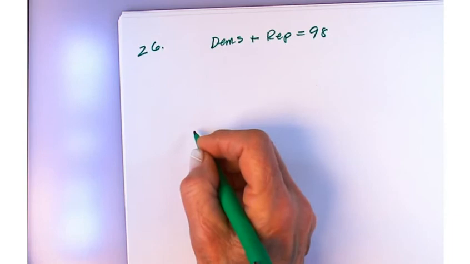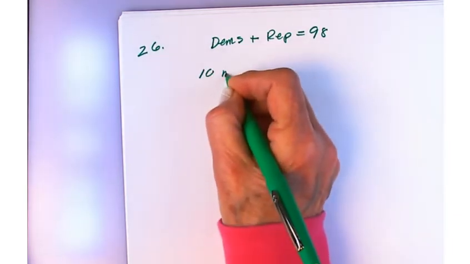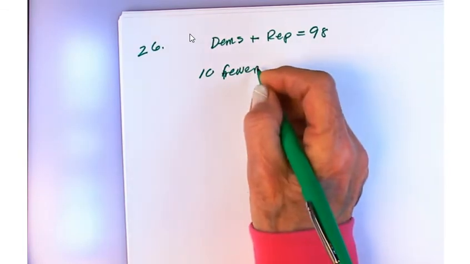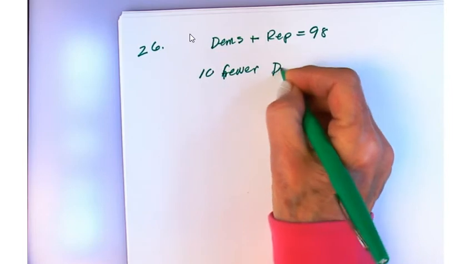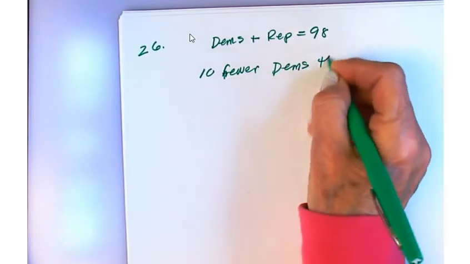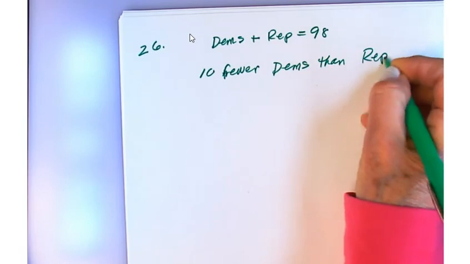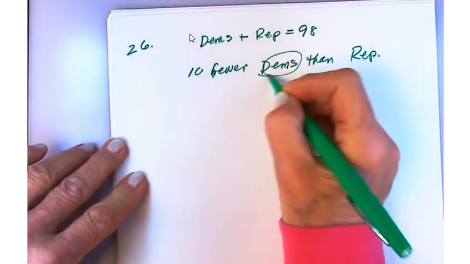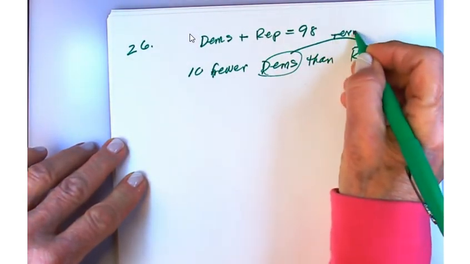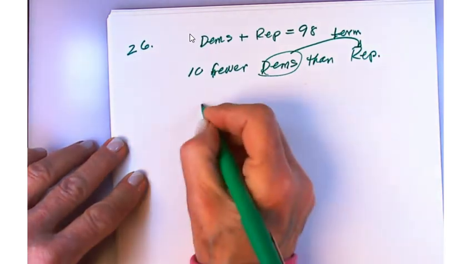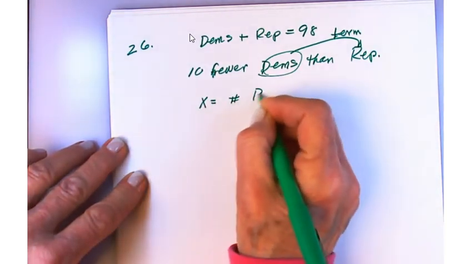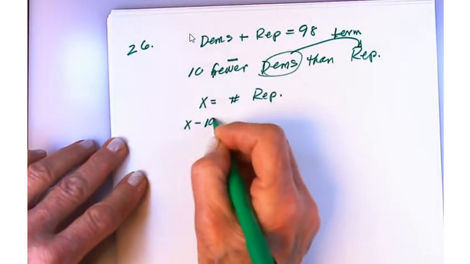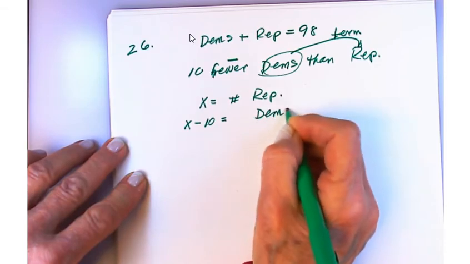Clue: 10 fewer Democrats than Republicans. So Democrats is in terms of Republicans. I'm going to let x equal the number of Republicans. Fewer tells me to subtract, so I have x minus 10 is the number of Democrats.